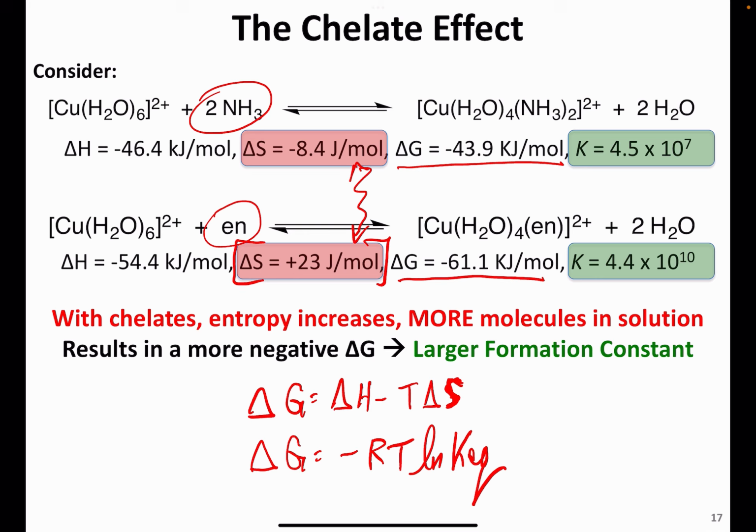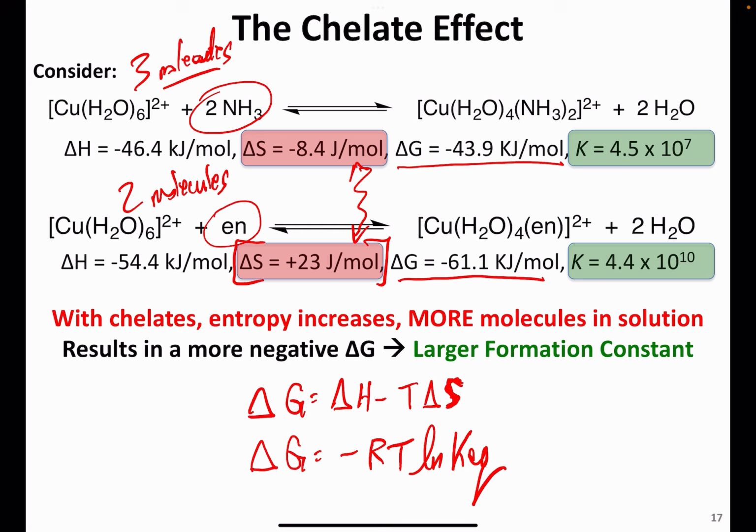If you look at the reactants of both sets of reactions, you have 3 molecules over here, the copper complex and the two ammonia molecules, on the left-hand side of the arrow. Over here, you only have 2 molecules. You just have the copper complex and ethylene diamine.